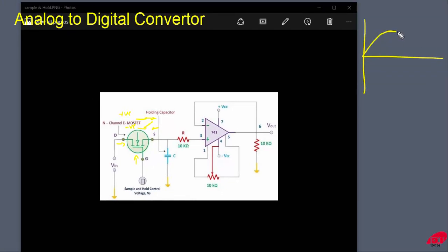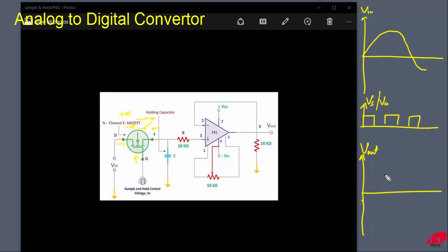So consider that this is your analog input signal, that is Vin. This is your control signal, that is Vs or Vg, and this is your output signal, that is Vout, that you obtain at the output.